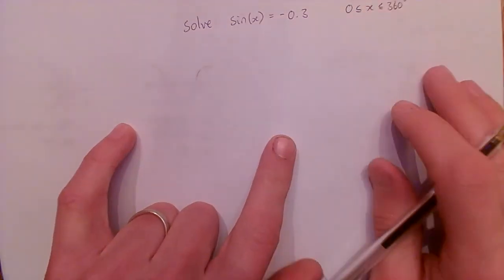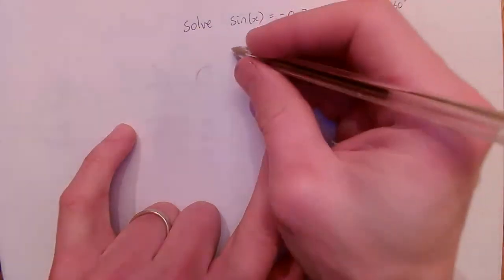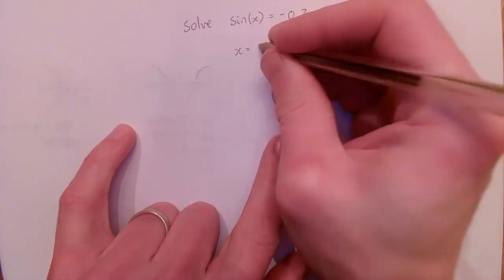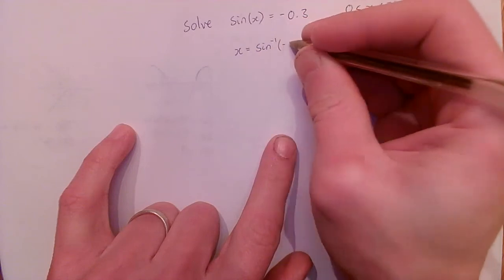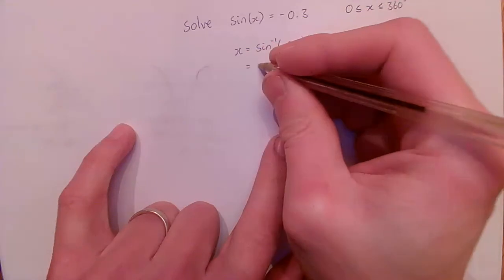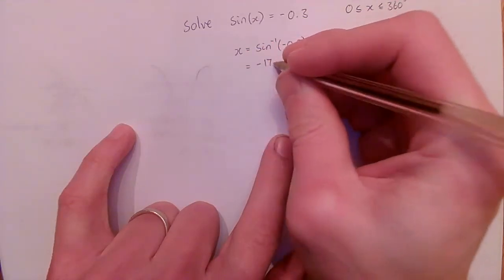Now, this is where our cast diagram and our graph method do slightly different things. If we are doing our graph method, we can jump straight in and do x equals sine to the minus 1 of minus 0.3. That will give us one of our values, but it won't give us something that we actually are looking for.